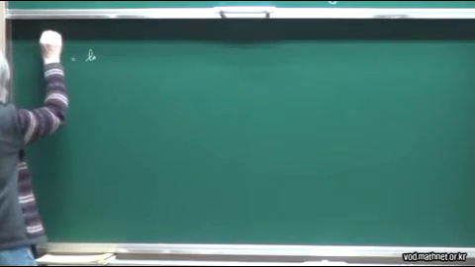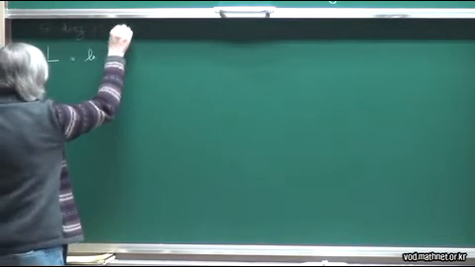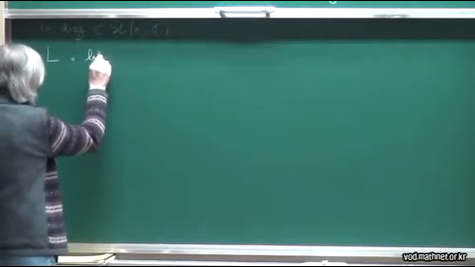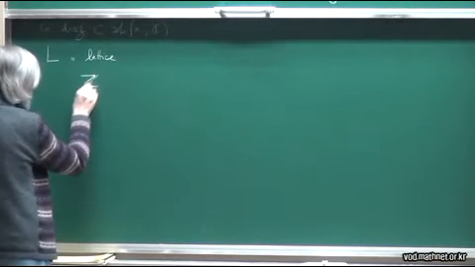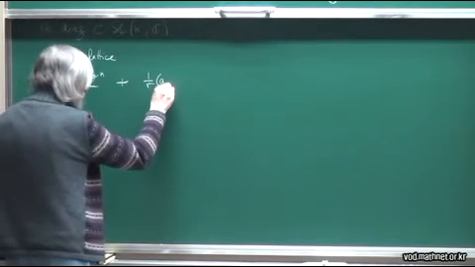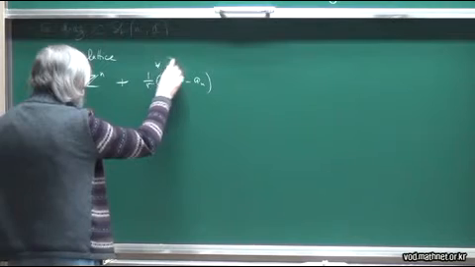So if G is diagonal in SLN, I write L for the lattice Z^n plus 1 over R of (A1 up to AN), and this is for all g in G.